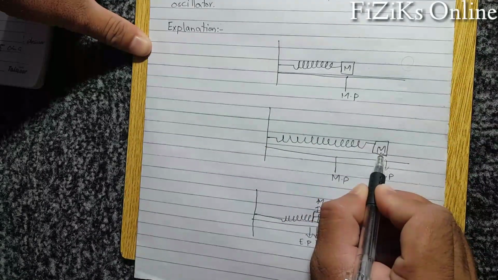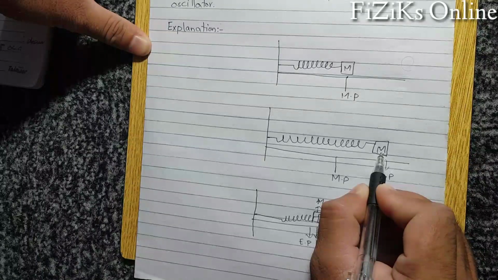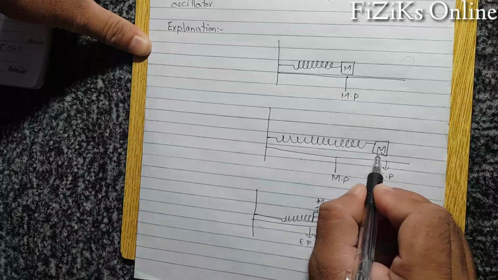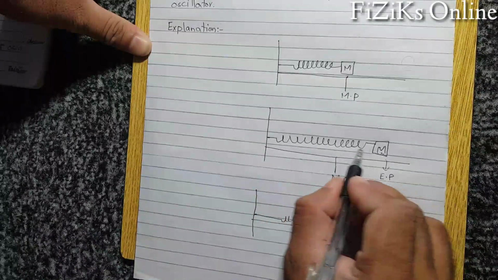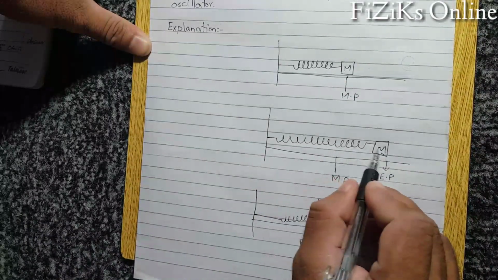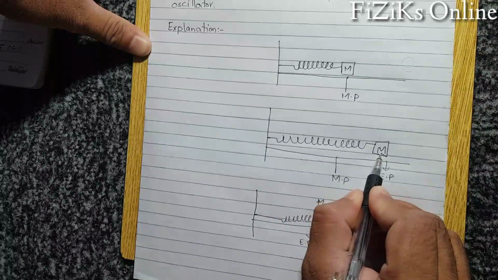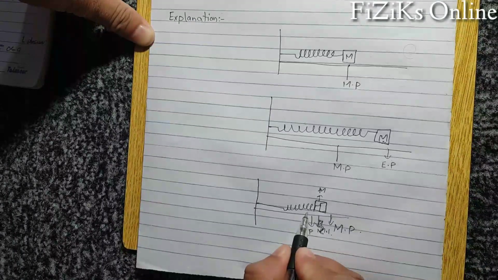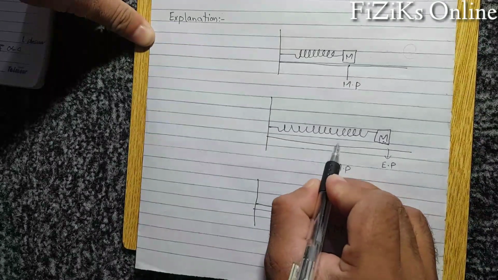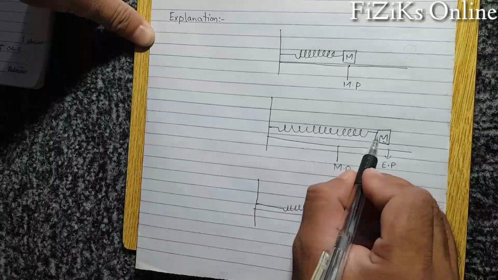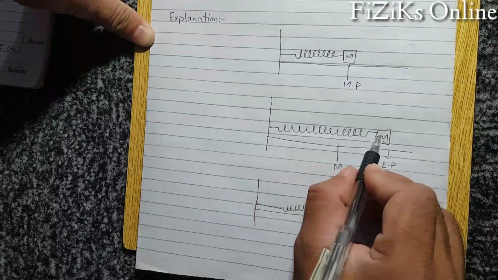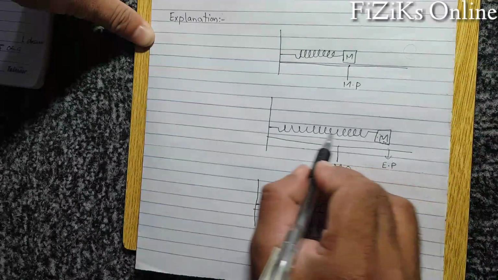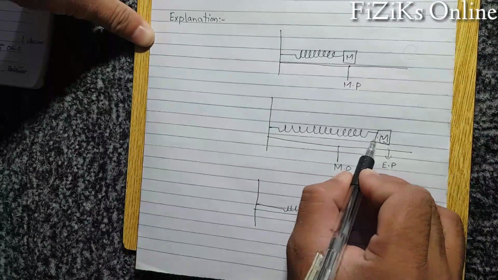Now it is stretched, the mass is at this extreme position, and from this extreme position we release the mass, so it will start oscillation about its mean position. This is the right extreme point, and this is the left extreme point. So after providing displacement to this mass and releasing it, this mass will start oscillation about its mean position.